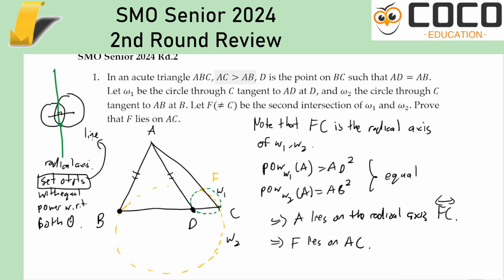Right? The fact that things on this line would have equal power is obvious, but the fact that it is just a line, you would have needed to know this in advance to give yourself a good chance of figuring it out. So hopefully, for those of you who solved it, I'm sure you know it. If you did not, now you know.